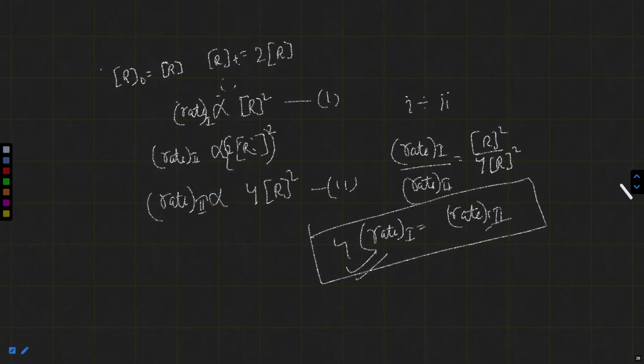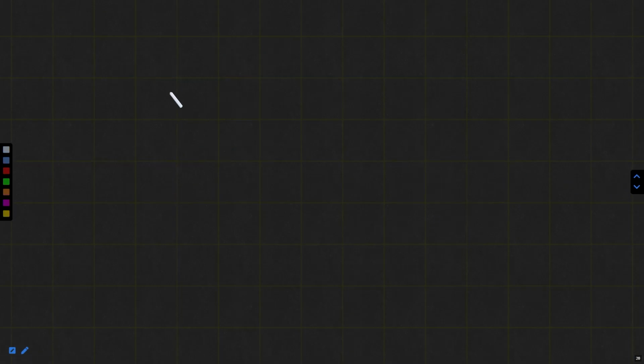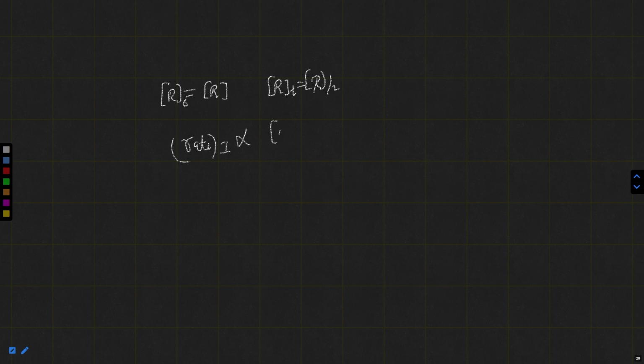Now, if it is reduced to half, so initially it is R, and in the next case it is reduced to R by 2. It is half, so it is 1 by 2. Clear? For the first case, again I'm writing in the same way. You also do it by yourself. It is R square.